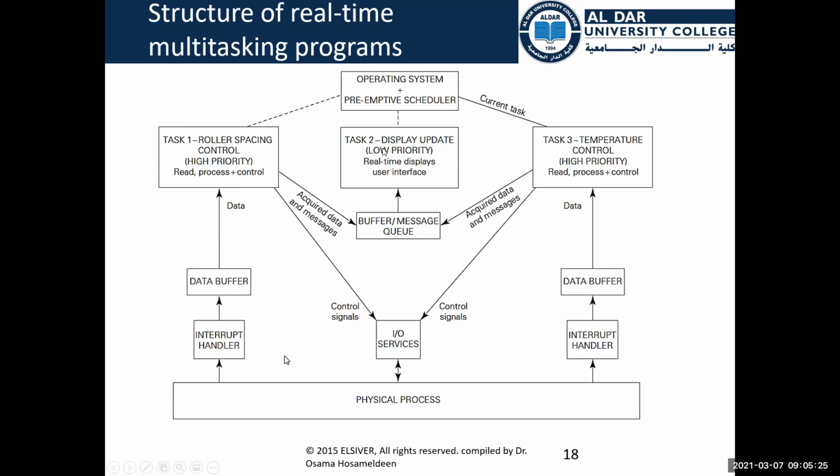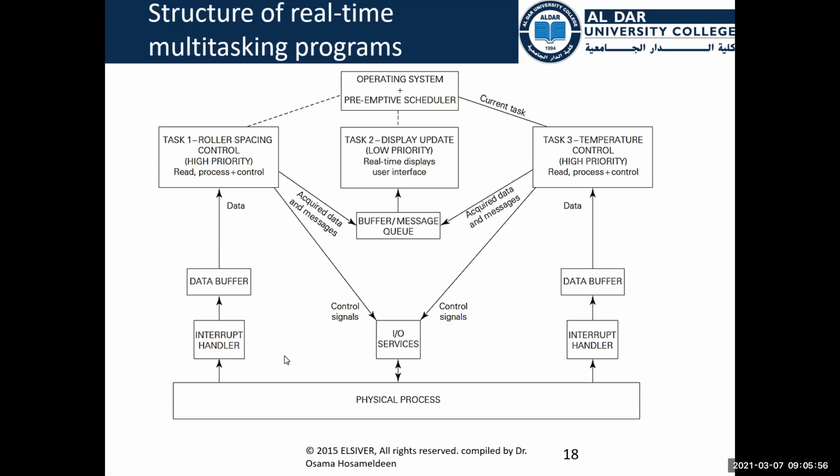But here in the middle, we have a different scheme, which is dealing with the buffer or message queue. This is some kind of communication between tasks. We have process one, process two, and these should communicate using messages.